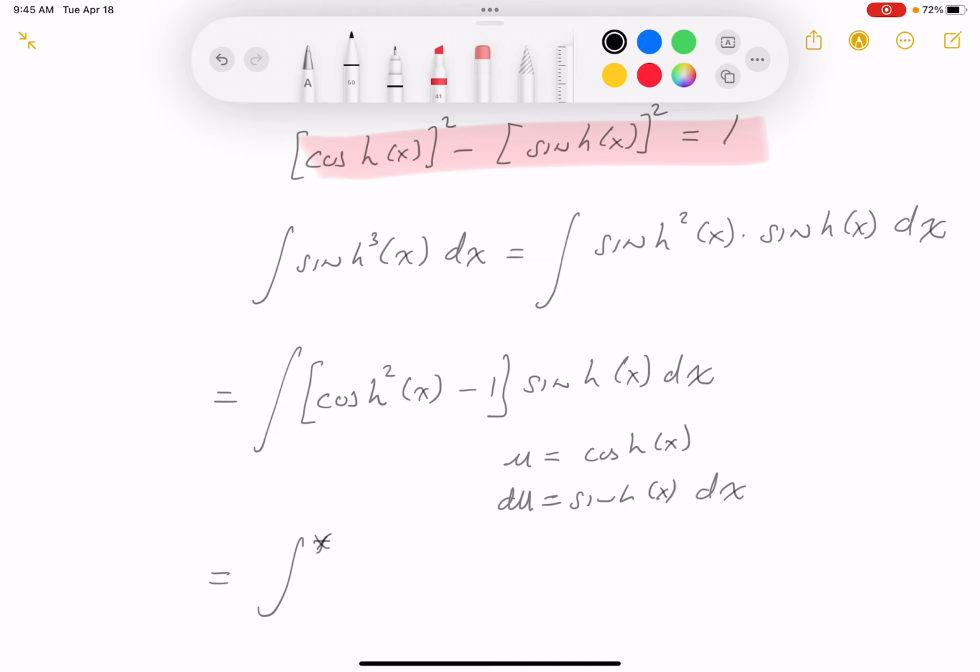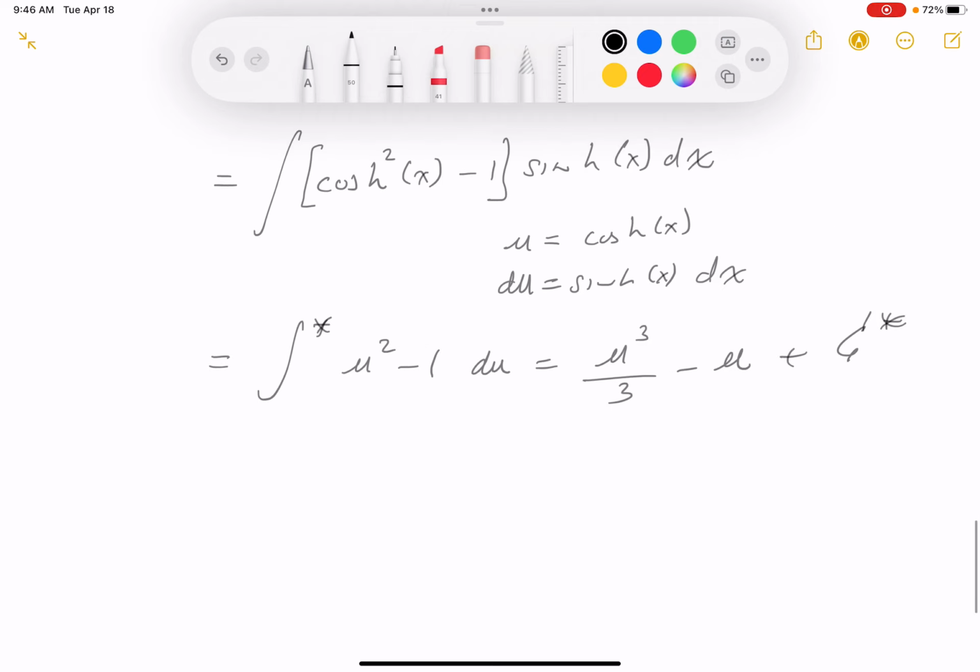We get u squared minus 1 du. What's it going to give you? u cubed over 3 minus u plus some constant of integration. What's u? u is hyperbolic cosine. So cubed over 3 minus hyperbolic cosine of x plus c.